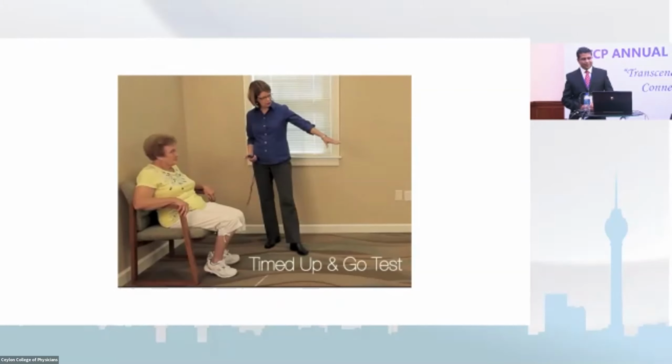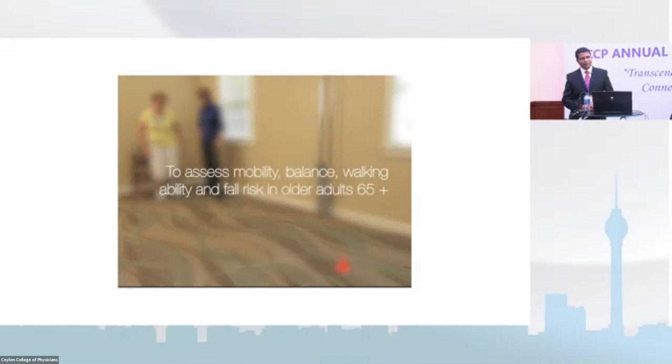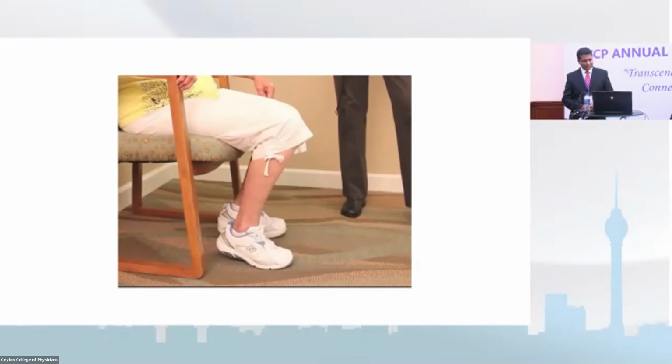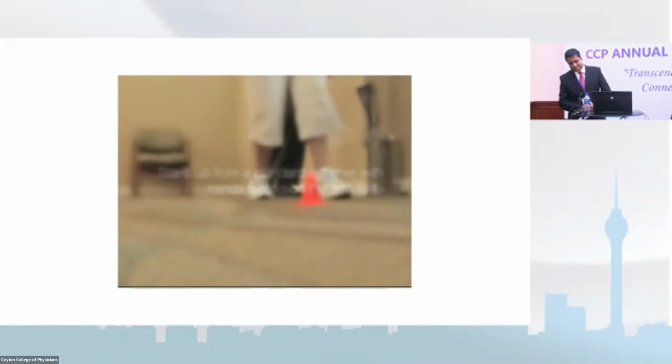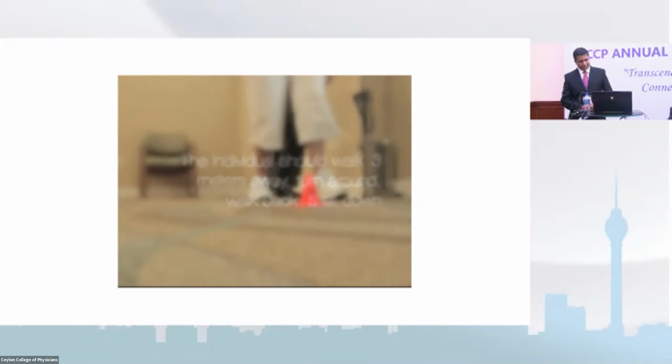Timed up and go test. The purpose of the timed up and go test is to assess the mobility, balance, walking ability, and fall risk in older adults. The test measures in seconds the time it takes an individual to stand up, walk a distance of 3 meters or about 10 feet, turn around, walk back to the chair, and sit down.